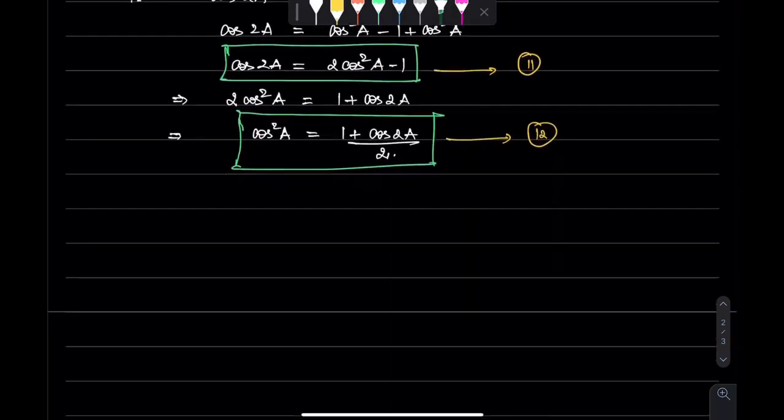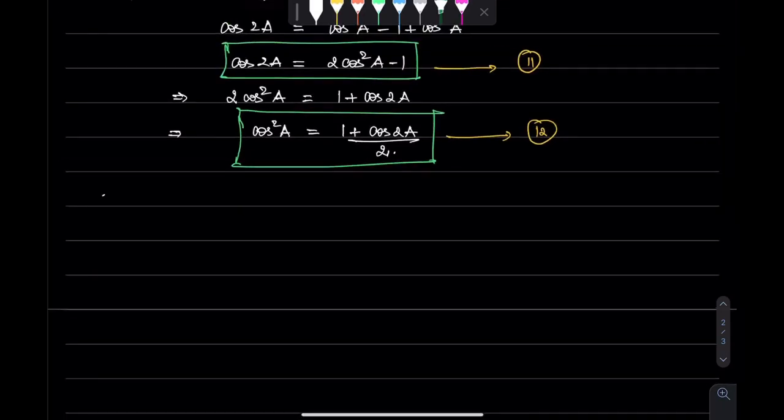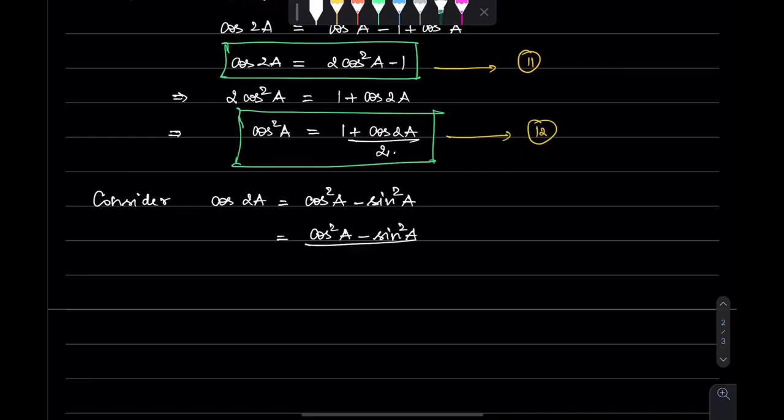Now my another task is to represent cos 2A in terms of tan. So again consider cos 2A. What is cos 2A, children? Tell me. Exactly, cos square A minus sin square A. So now I can consider this as cos square A minus sin square A over 1, since the denominator is 1. I hope it makes sense.